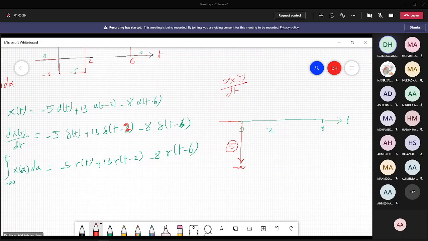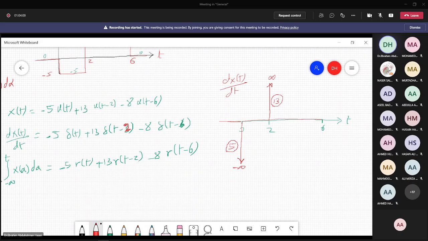Then we have at 2 another impulse, but with a strength equal to positive 13. This means something like this, going to infinity with a strength equal to 13. Then it is 0 again until 6.